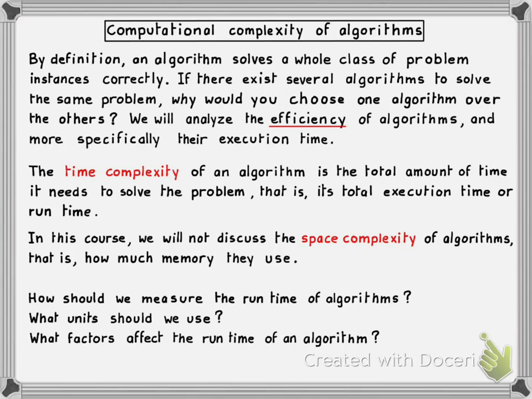So maybe the runtime of the algorithm measured in seconds is probably not the best measure of the efficiency of the algorithm itself. Maybe it's a good measure of the efficiency of the implementation of the algorithm. But we don't want the same algorithm to have two completely different runtimes simply because it was compiled with a different compiler or just run on a different computer.